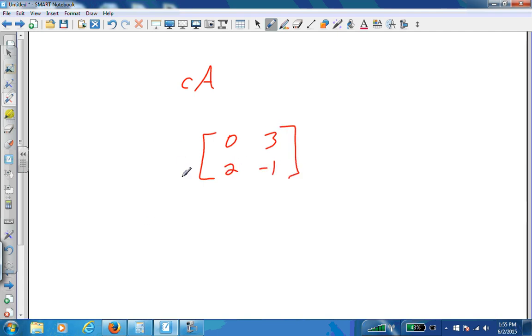If we want to multiply that by the scalar -2, then each component gets multiplied by that scalar. So -2 times 0, -2 times 3, -2 times 2, -2 times -1. So we're just multiplying each component by the scalar.